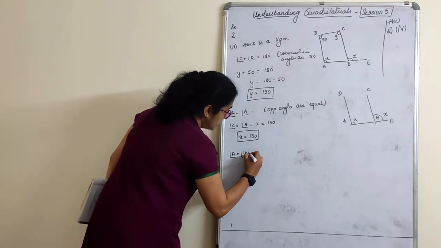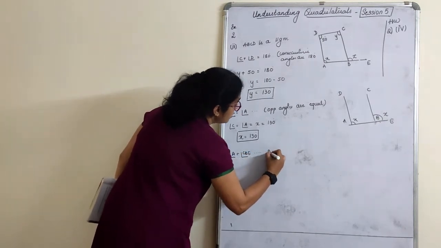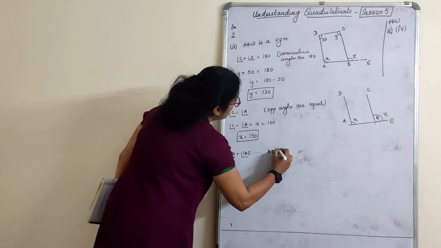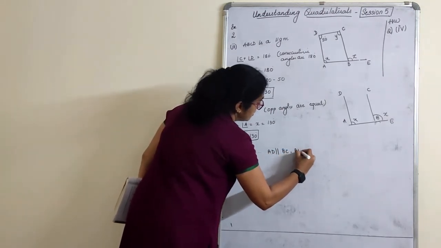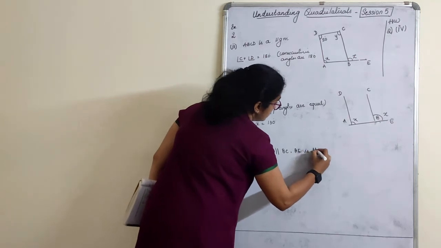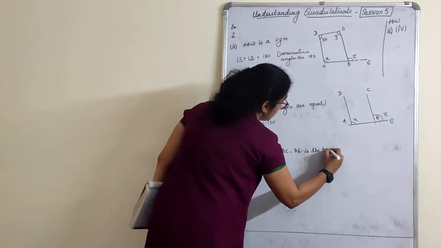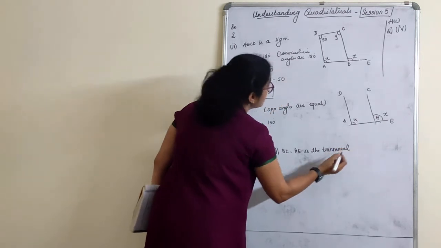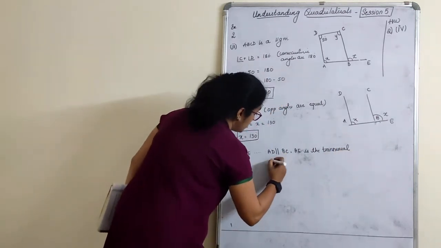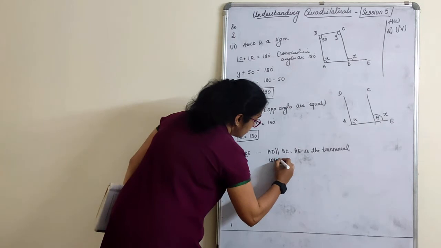Angle CBE, because AD parallel to BC and AE is the transversal. So corresponding angles.